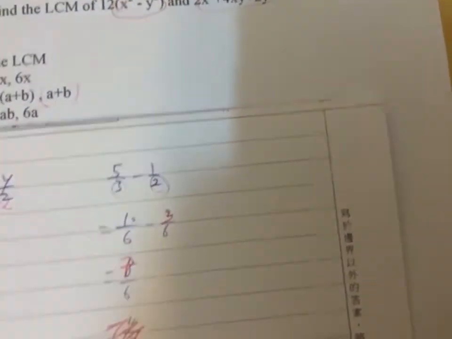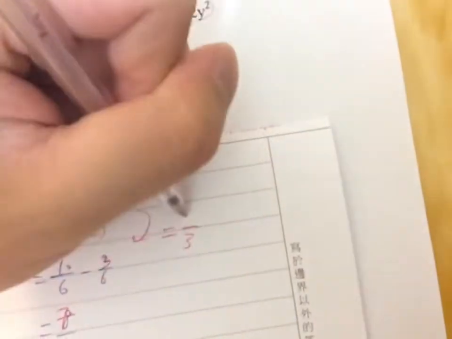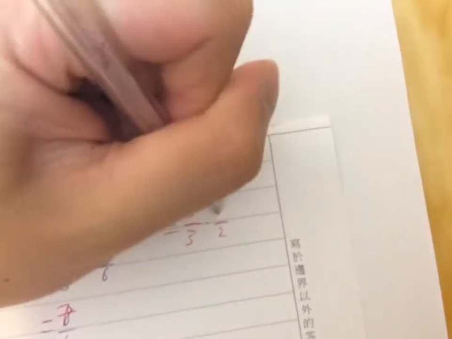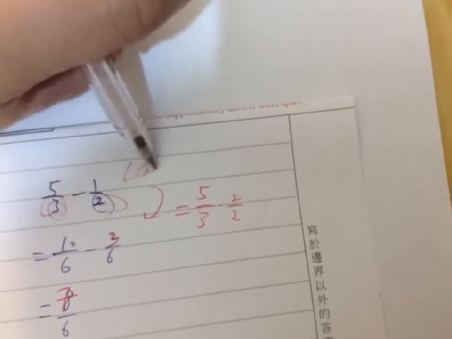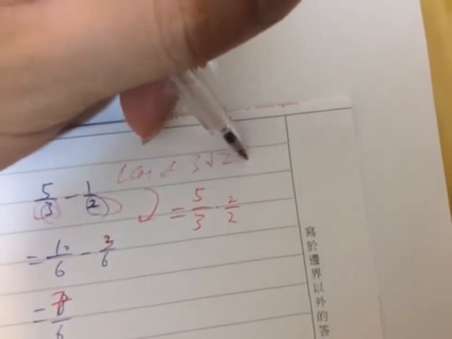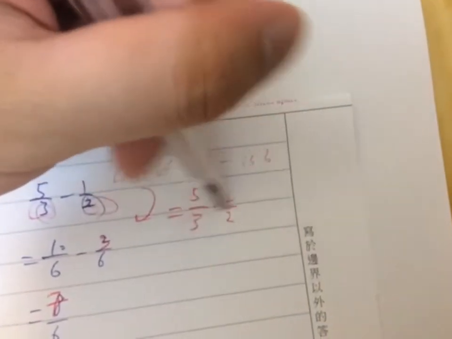Or if I do a slower way, I don't want someone to not understand. Multiply by 2, because the LCM of 3 and 2 is 6, so I have to make the denominator 6.